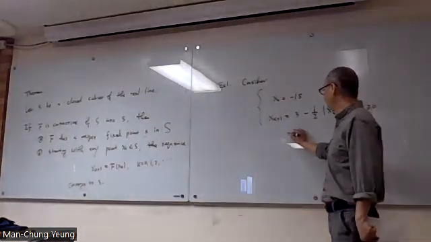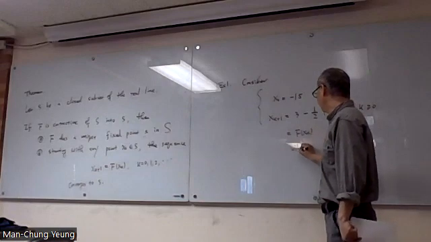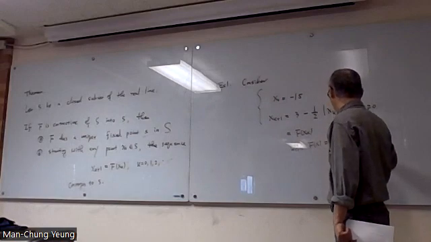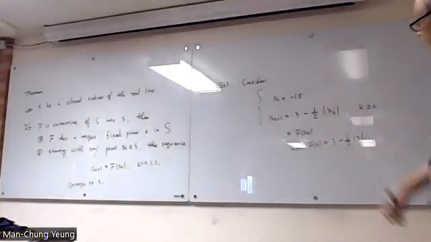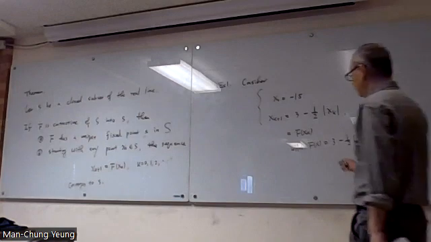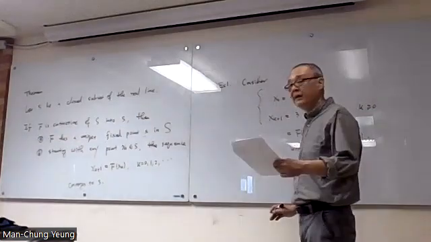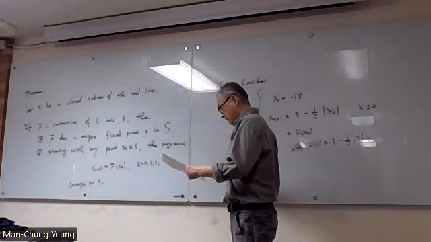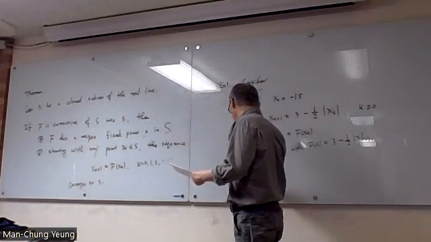Why? Because I can write the right side as F(x_k), where F(x) is 3 minus 1 half of the absolute value of x. This is a functional iteration. It happens that capital F is contractive.